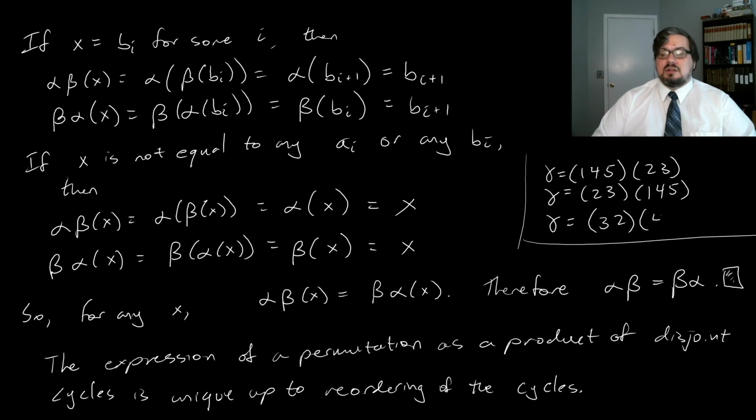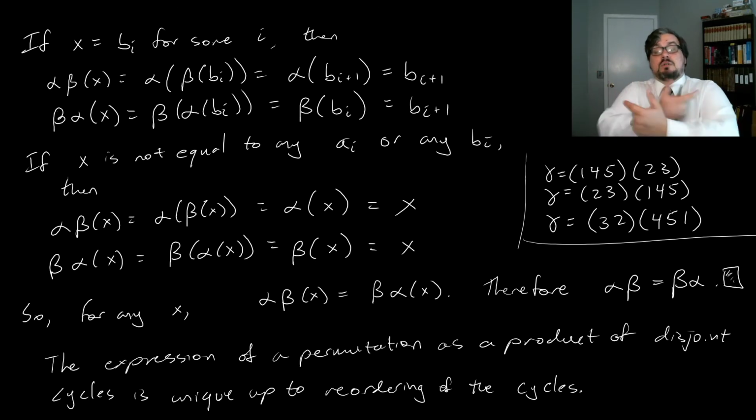The cycle (1 4 5) can be written as the cycle (4 5 1). So, within each cycle, there are some different ways of writing it down. And then when a permutation is a product of cycles, you can reorder those cycles. But those are the only things that can be different between two disjoint cycle decompositions of a permutation.